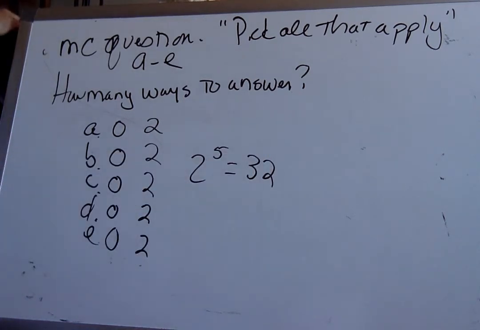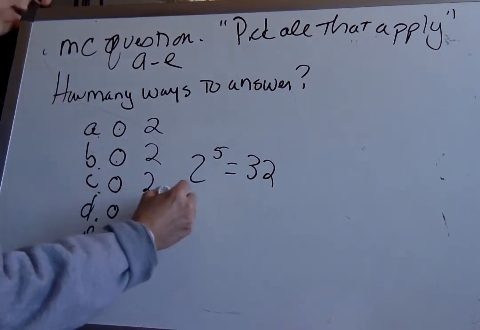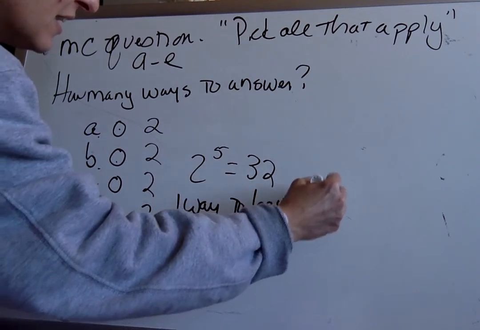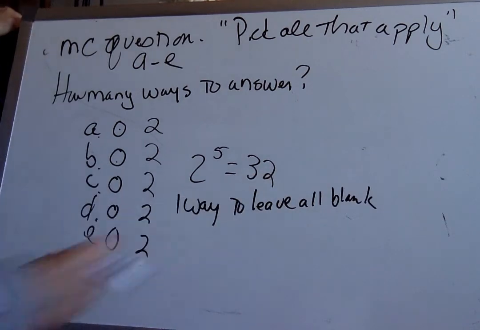Now at this point you might say, wait a minute, I thought you got 31 a second ago. Yes, because think about it. She is not going to leave them all blank. That one way to leave all blank, every student knows you better answer the question, right? Leaving something blank is not the correct answer.